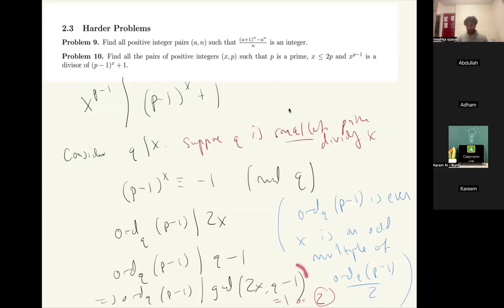But if q equals 2, this GCD is 1, so that would force the order to be 1. Yes, we could have the GCD is 1 and the other is 1. But then the order is not 1, because if the order is 1, you can't have this. But I'm assuming that q is 2 here, so this is possible. You're right.